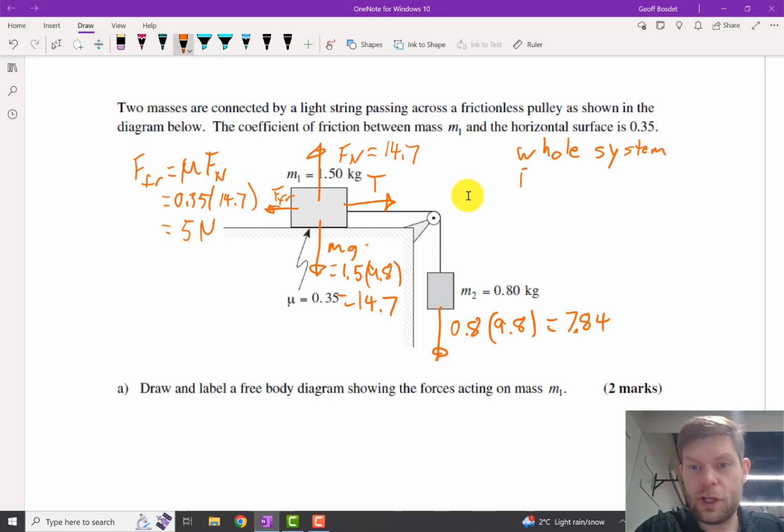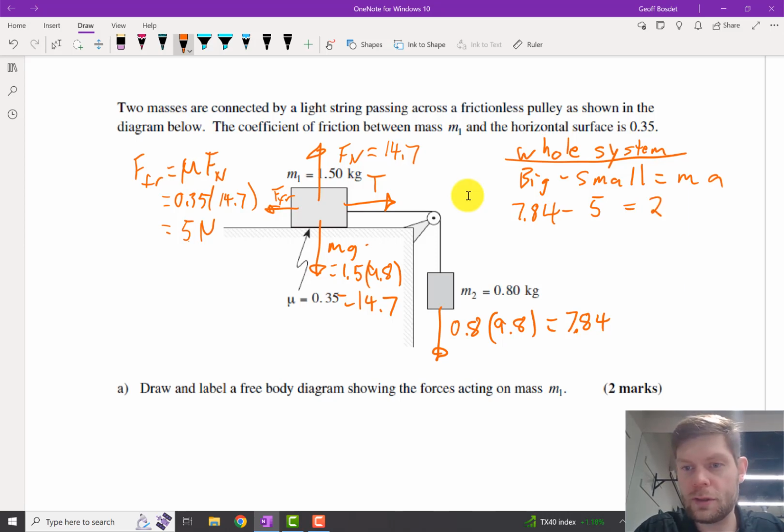So our whole system, big minus small, equals MA. Big is the 7.84. Our small is our 5 or so, approximately 5. Our mass is going to be mass of the whole system because we're talking whole system here. 1.5 plus 0.8 is 2.3 times the acceleration.